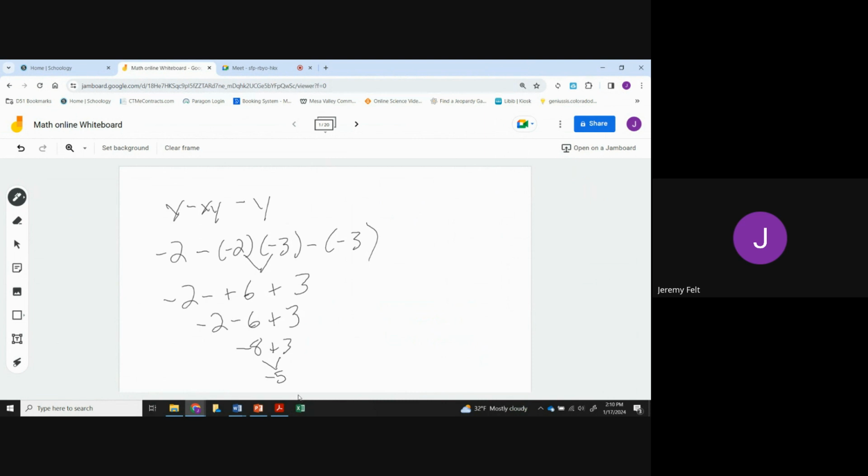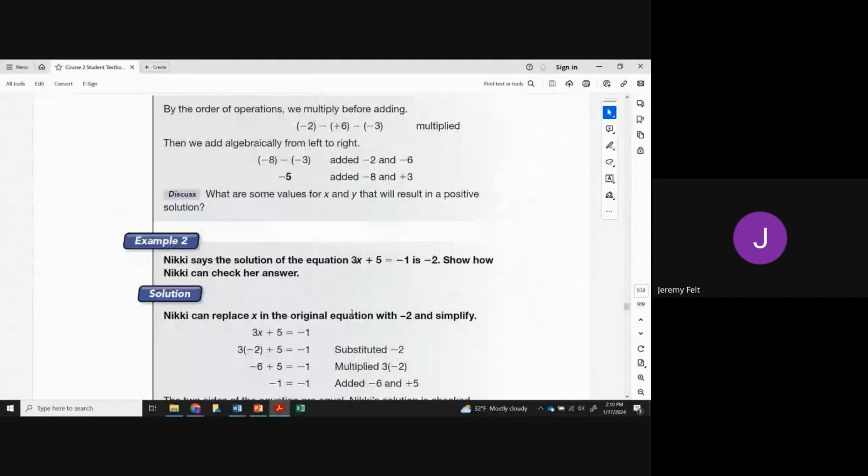Order of operations still applies with negative numbers. So we work our way until we get to our solution. Just pay attention to minus a positive number, minus a negative number. I always like to rewrite it until there's only one sign between all of them and go from there.